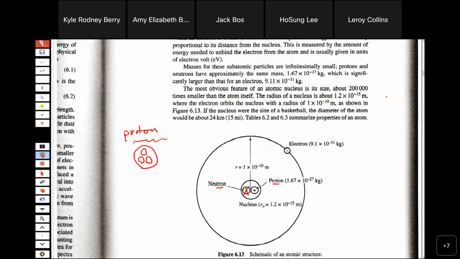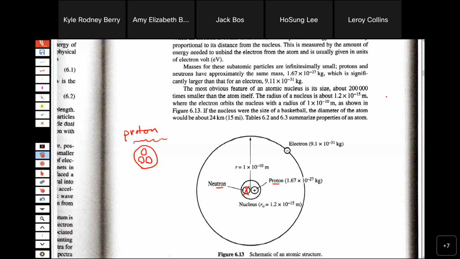Protons and neutrons form a nucleus, and the nucleus is held together by some huge nuclear energy. If you break it, energy comes out.